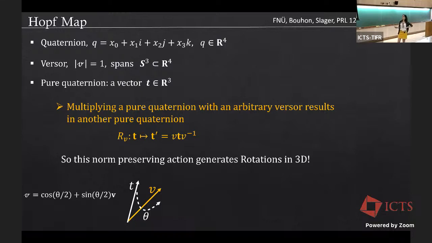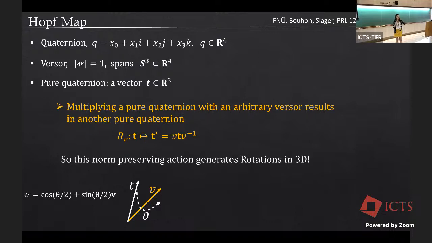Now, if I take a pure quaternion and act on it with a versor and the inverse of the versor, which is normalized, I get another vector. And I preserve the norm because the inverse of the versor includes the norm in the denominator. This norm-preserving action, which I call R of mu, generates rotations in 3D.